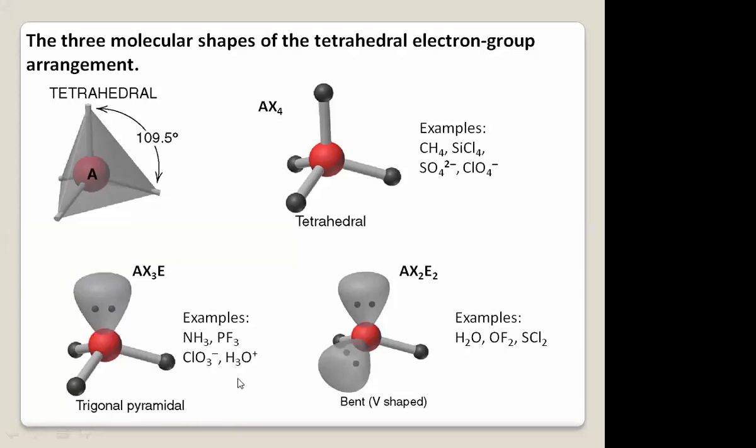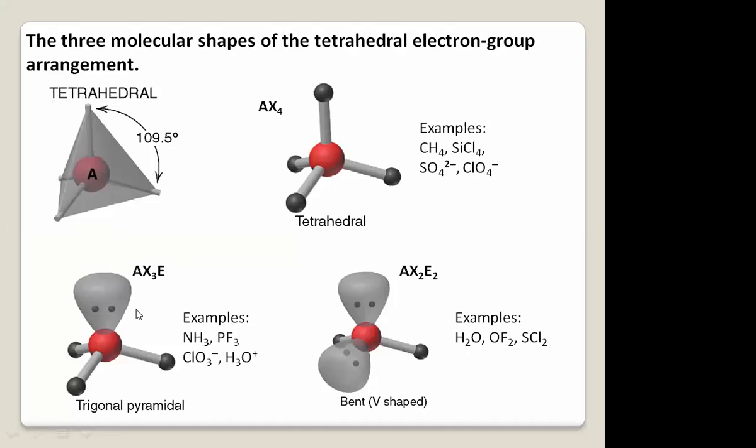The same thing with hydronium ion. That is also a trigonal pyramidal structure. Now you can have the third scenario. These are ideal. This is the ideal scenario. These are the real scenario.